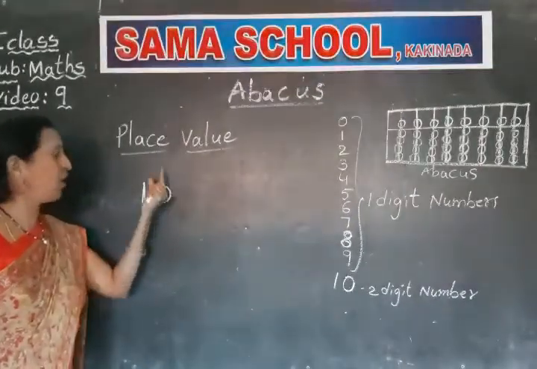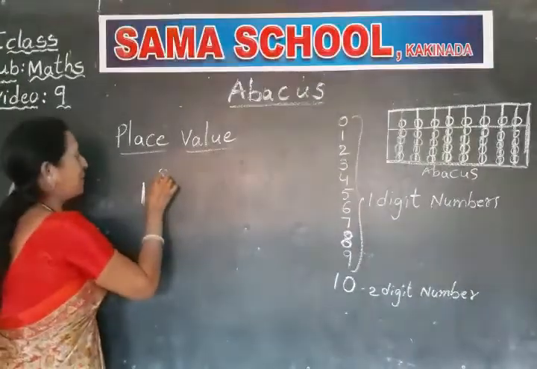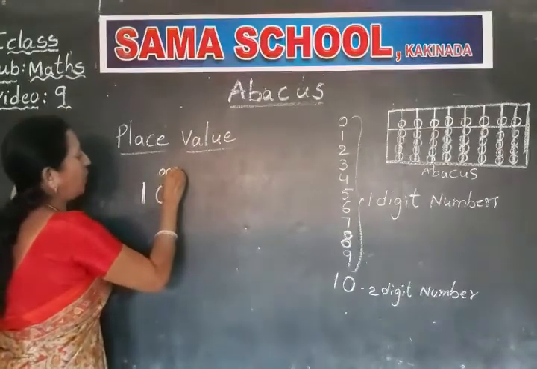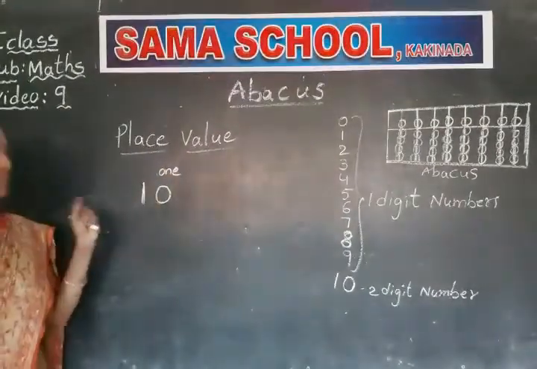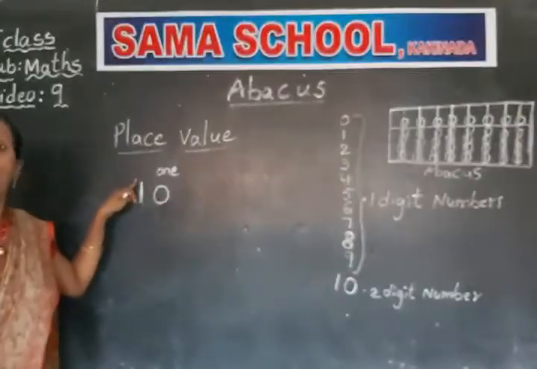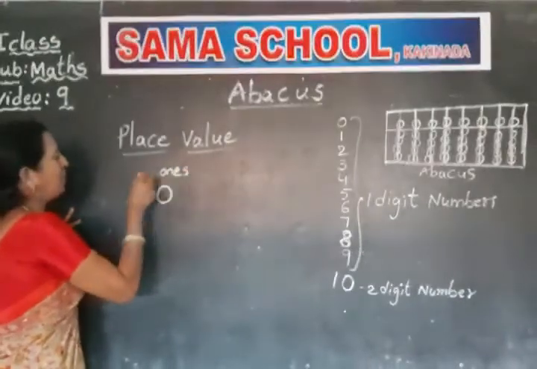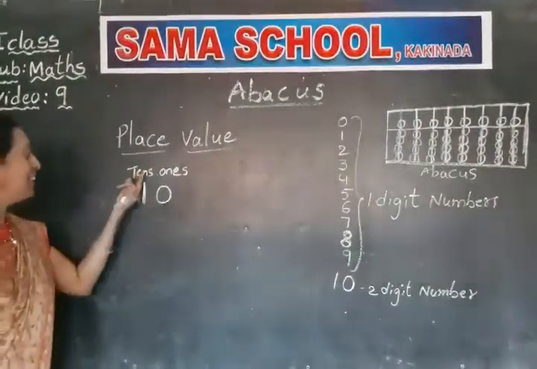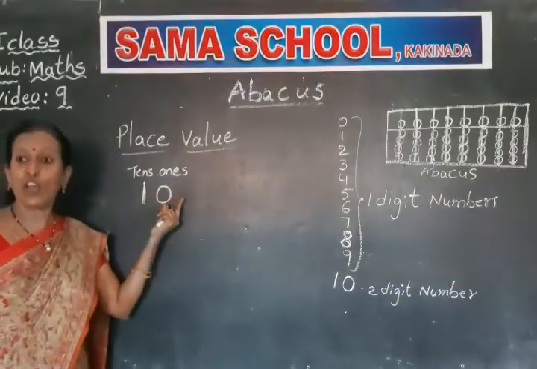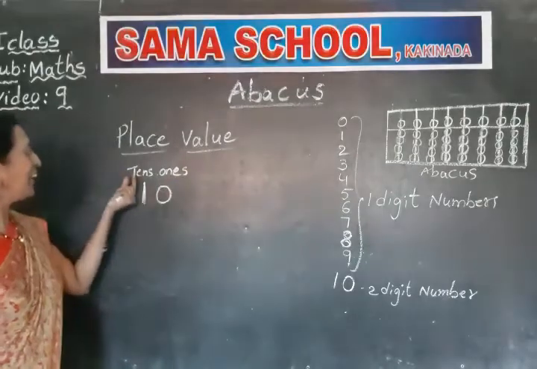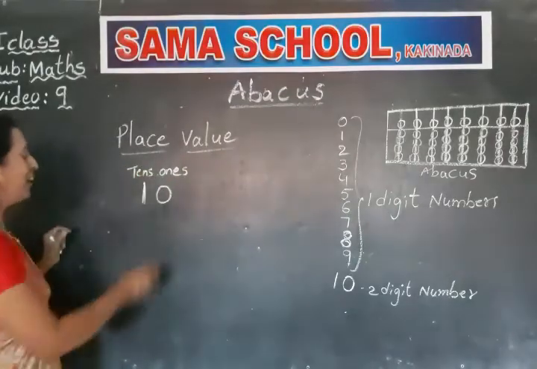The 0 is in the ones place. O-N-E-S. And the 1 is in the tens place. T-E-N-S. Tens.